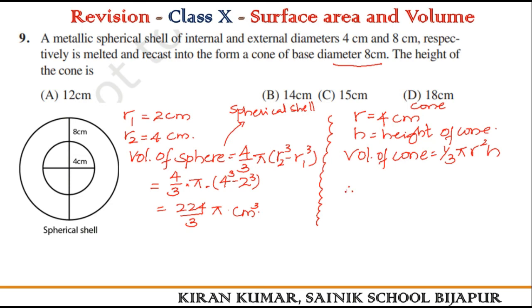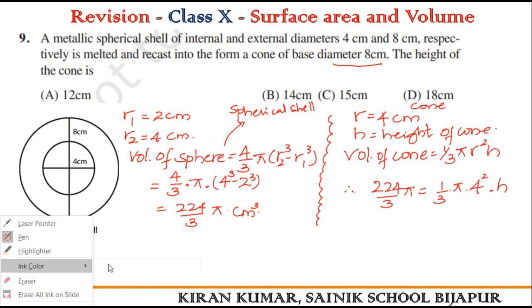Therefore 224 upon 3 pi will be equal to 1 by 3 pi into r squared, which is 4 squared, multiplied by h.